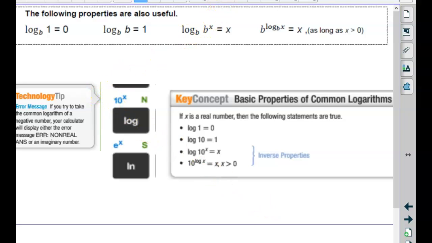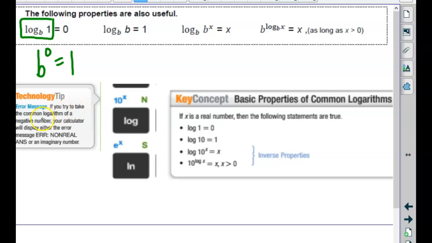These are a few additional properties of logs. So this one is saying b to the 0 equals 1. Did we discuss that on Friday? Anything to the 0 power is 1. So anytime they have the log of 1, it's just 0 no matter what b is. By the way, when we discussed logarithms, you can never take the log of a negative number, okay?